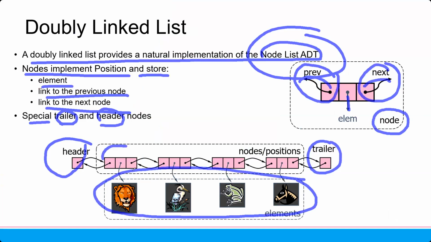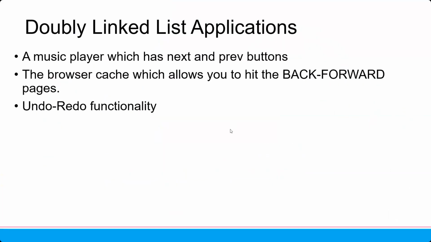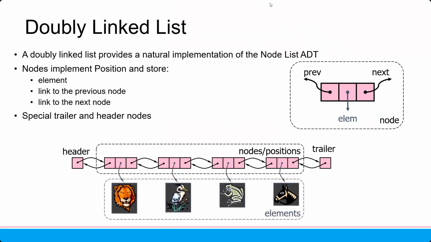We call this a node, another node, another node, another node, or sometimes we call it a position. So the doubly linked list idea is almost similar to the singly linked list, but we have previous as one additional part.